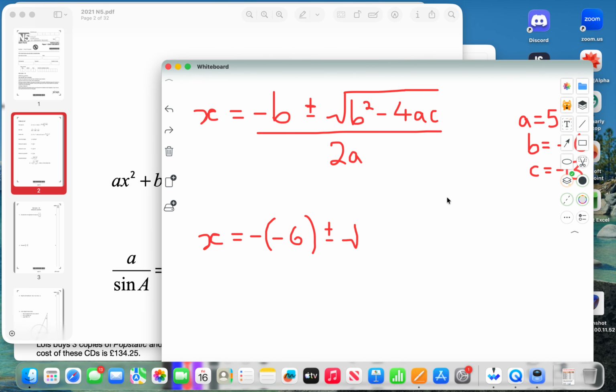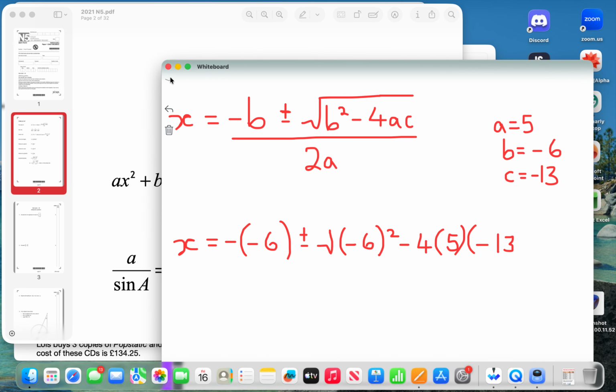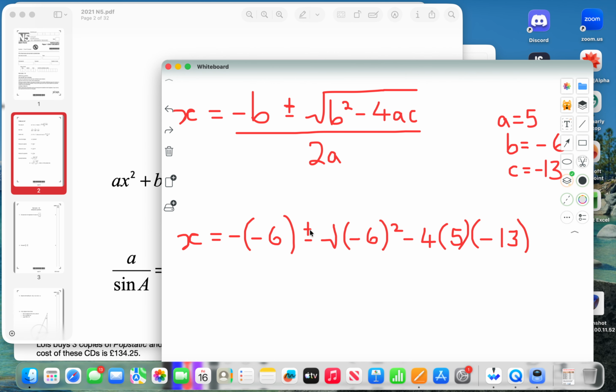We're going to do -6 all squared, minus 4 times 5 times -13. And that is all divided by 2a.